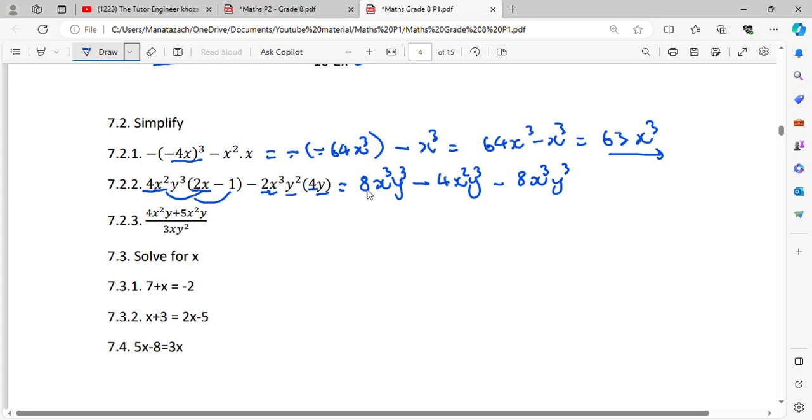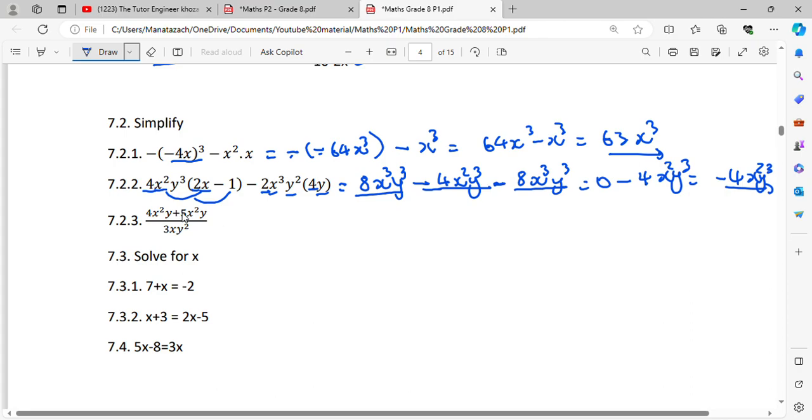So you can see that this is exactly the same as that, only opposite in signs. So they will just cancel each other. They will give you a 0, and then minus 4x squared y squared will come back as it is. Therefore the answer is just minus 4x squared y cubed. That will be the answer.